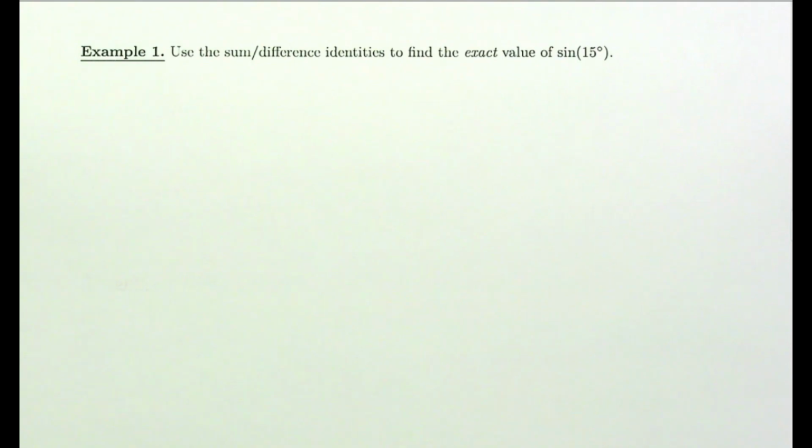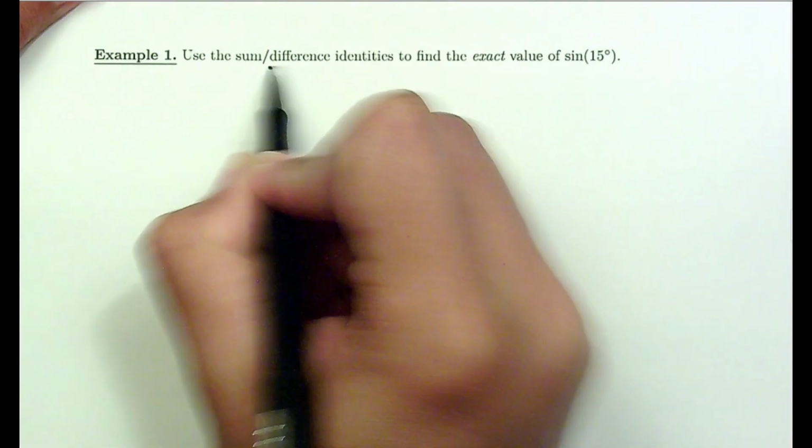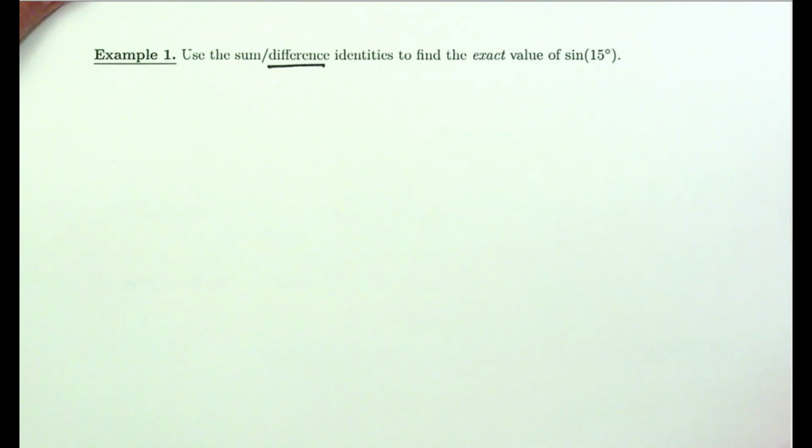We're going to use only special angles. So this is how this is done. You see, 15 degrees is not a special angle. However, it is the difference of two special angles. In fact, it is 45 minus 30.